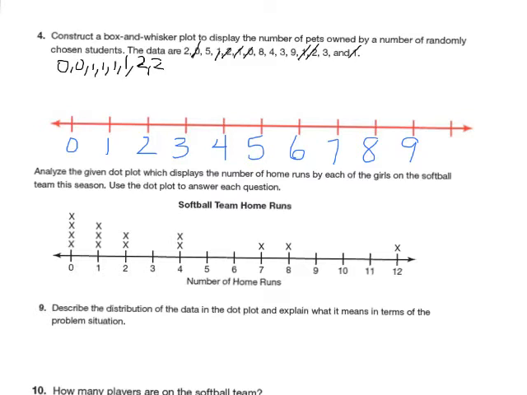And 1, there's 3 2s. Any 4s? Yep, there's a 4 right here. And 5s? Yep, there's a 5 right here. Any 6s? No. Looks like I missed a 3. There's 1 3, 2 3s.